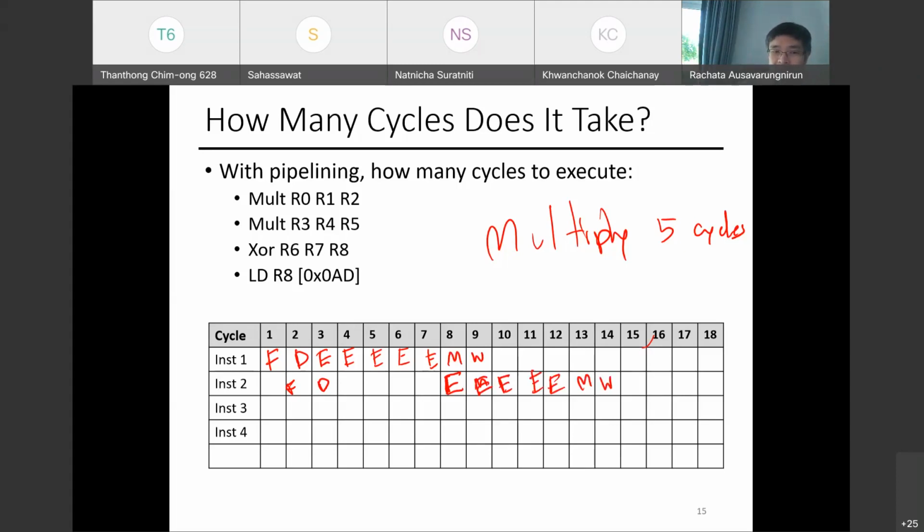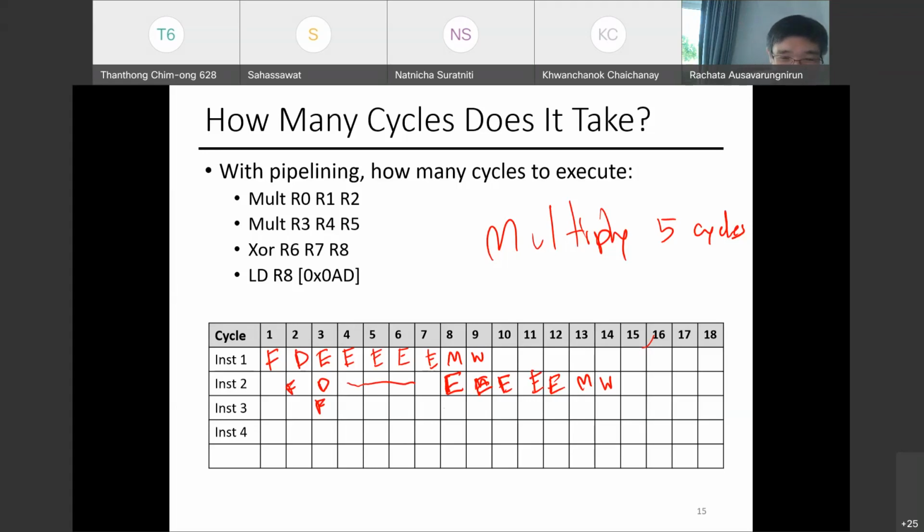When can I fetch instruction 3? Yeah, you can throw money at the ALU. That's correct. So you can fetch in cycle number 3. When can I decode? Can I decode in cycle 4? What is stuck in decode? Yep, decode has to hold the value for instruction 2, right?